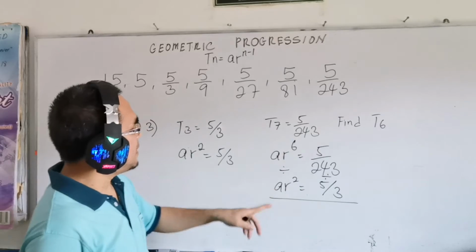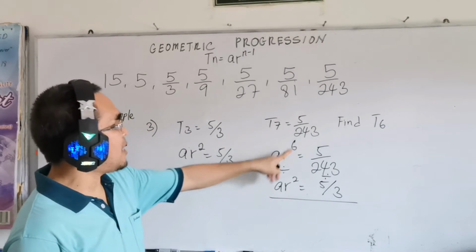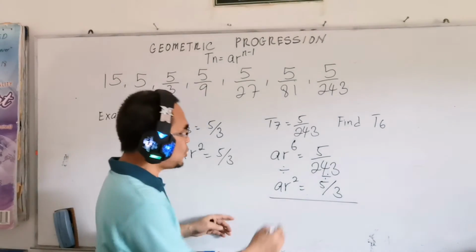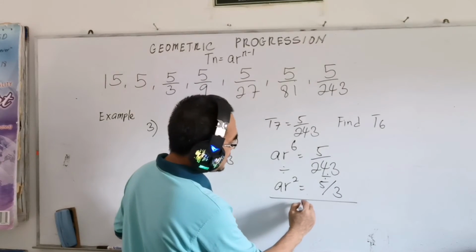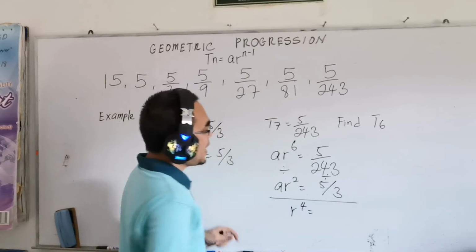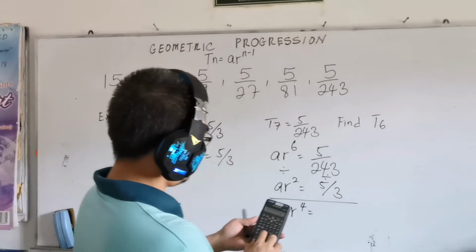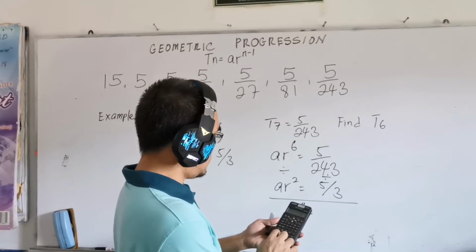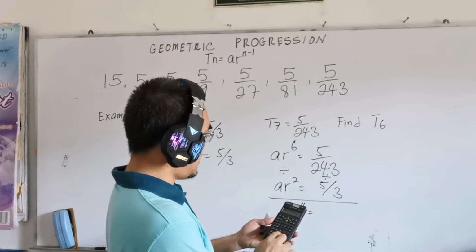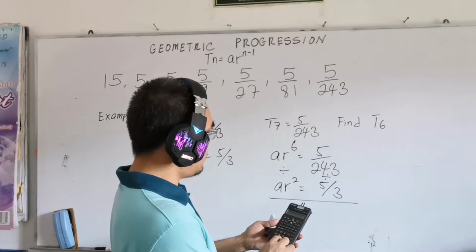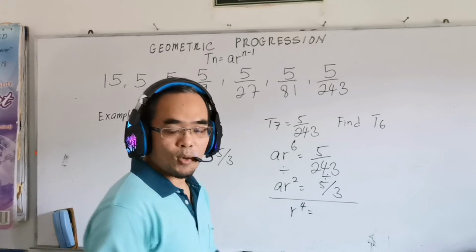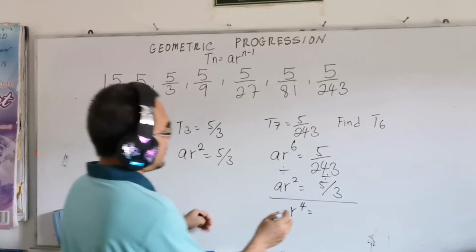A divided by A will be 1, R power 6 divided by R power 2 will be R power of 4. And 5 over 2 4 3 divided by 5 over 3 becomes 1 over 81.